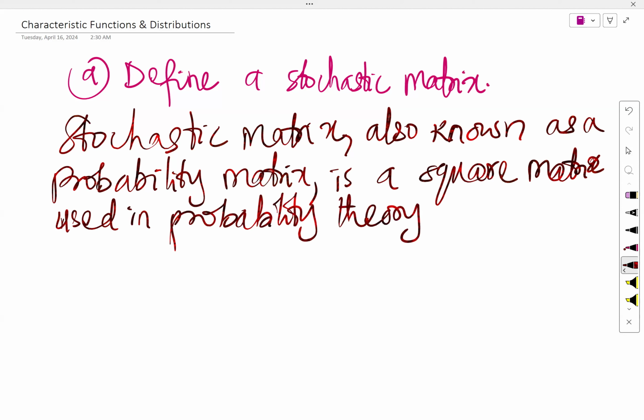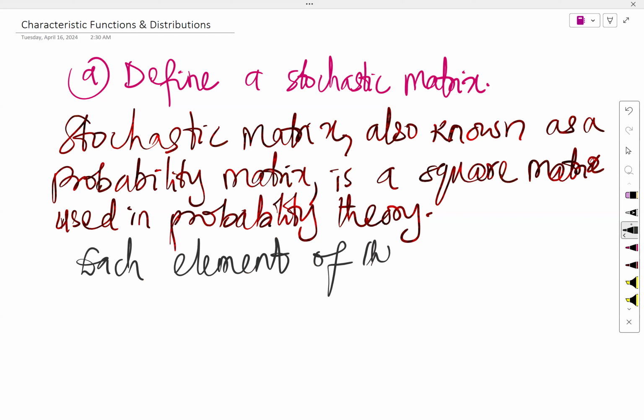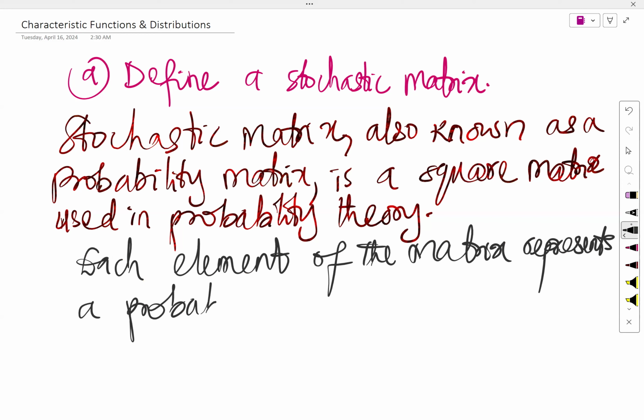Of course, what else do we have to know about this? We need to know that each element of the matrix represents a probability.